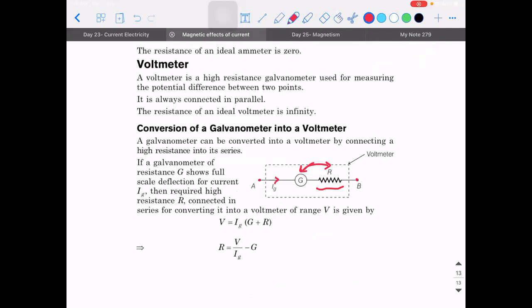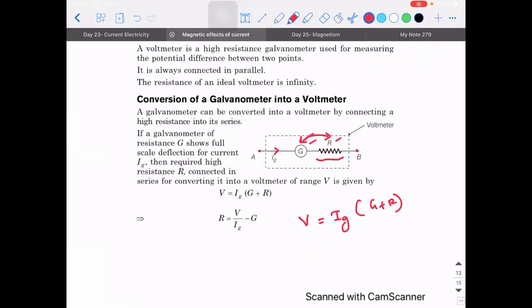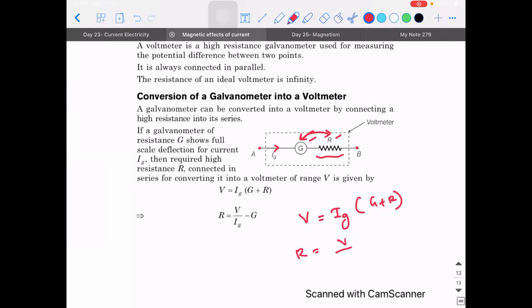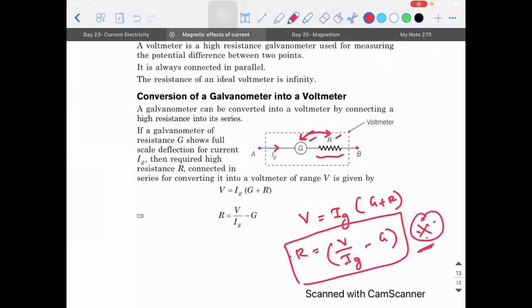It should always be Ig, that is full scale deflection current. So potential difference measured V is equal to Ig into capital G plus R, because G and R are in series. So what will be the value of capital R that you need to connect? It will be V divided by Ig minus G. So have this in your mind. This is also an important formula.